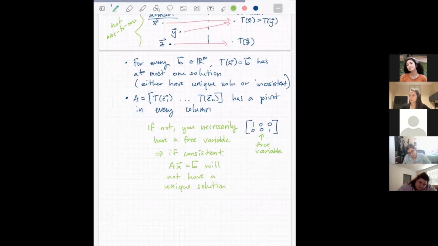But it could be the case that for every b that we choose, the equations are inconsistent. That could be the case. Let me write that down. They could all be inconsistent.